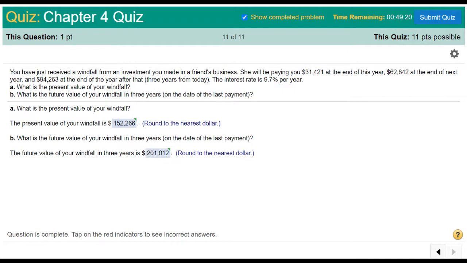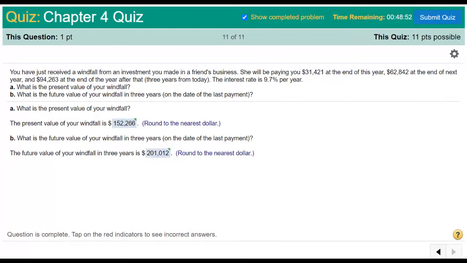You have to take the values for each payment, not just one. I saw that a couple of people did that, and I explained to you, if this is wrong, this is going to be wrong. So let's do this together and let's get this right.